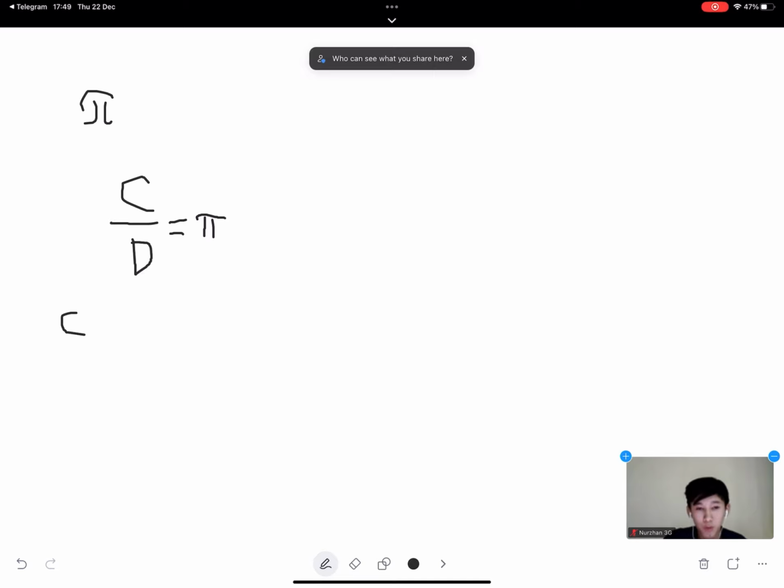Therefore, the formula for the circumference of the circle will look like this. C is equal to pi D, and C equal to 2 pi R.